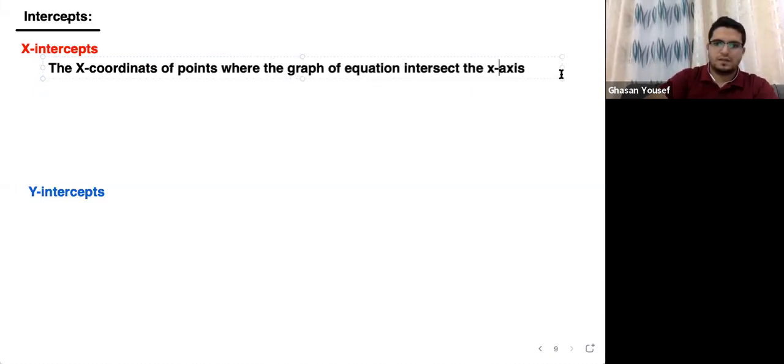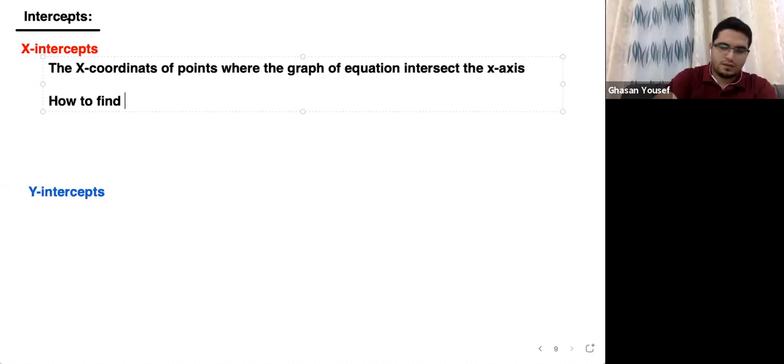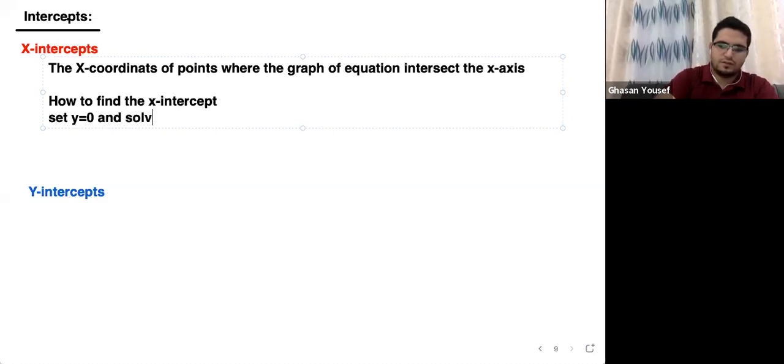This is the definition. Now the question, how can we find this intercept? How to find the x-intercept? To find this, we have to set y equal 0 and solve for x.